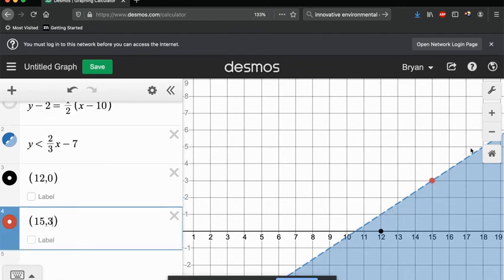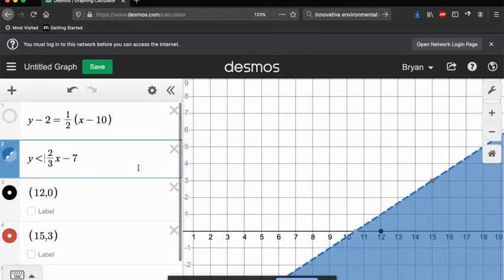Because this line is dashed and because this is a less than symbol, if a point is on a dashed line, it is not a solution because less than means that whatever point is a solution has to be in the shaded area but not on the line. Notice how if I change this to an equal, now it's less than or equal, this becomes a solid line.